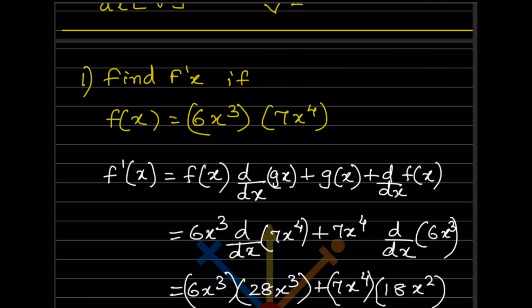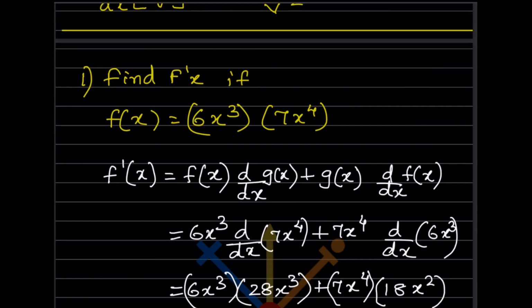So we can use this one, f of x into d by dx of g of x, so we can write this g of x here, plus g of x into d by dx of f of x.